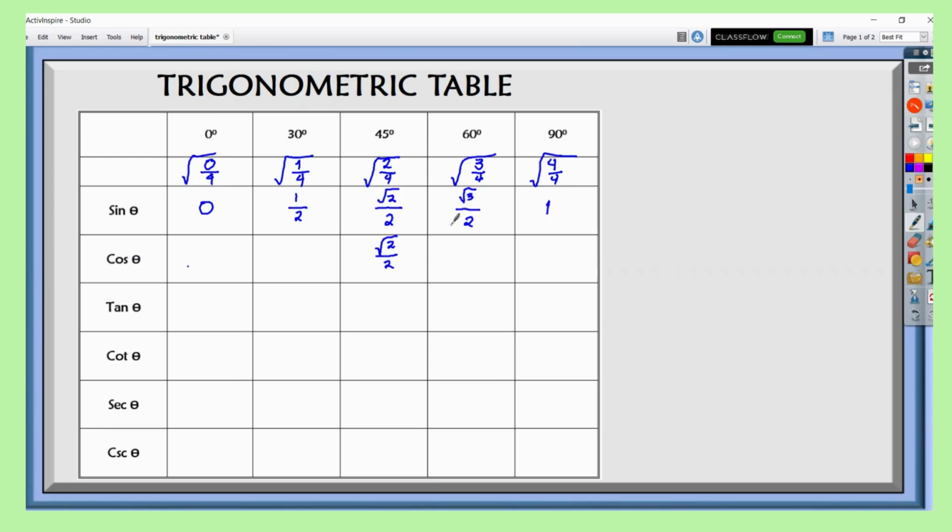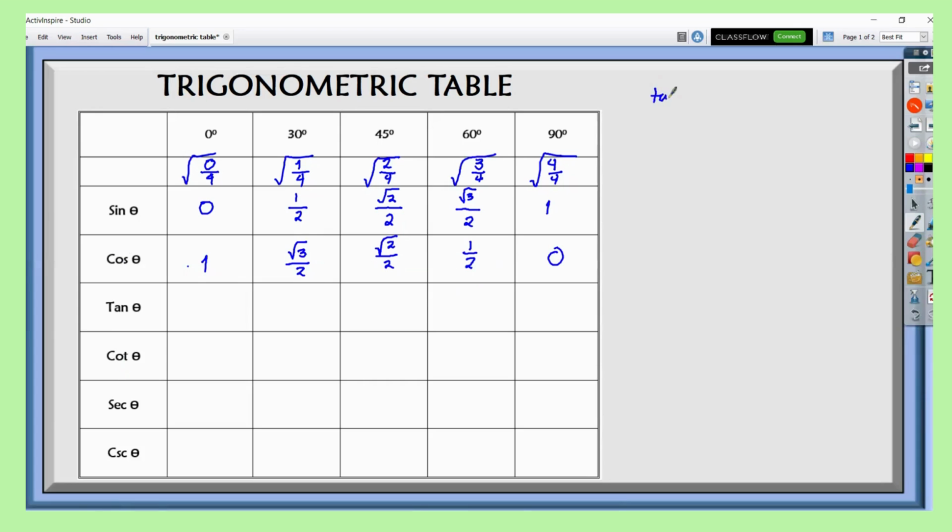So cosine 0 degrees, that will be 1. Cosine 30 degrees, square root of 3 over 2. Cosine 60, it's 1/2. And cosine 90, it's 0. So if you notice, we just interchange or we flip the answers of sine to get cosine.